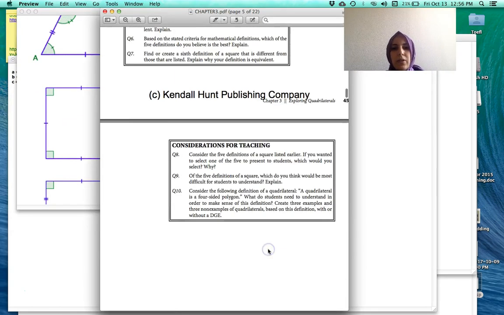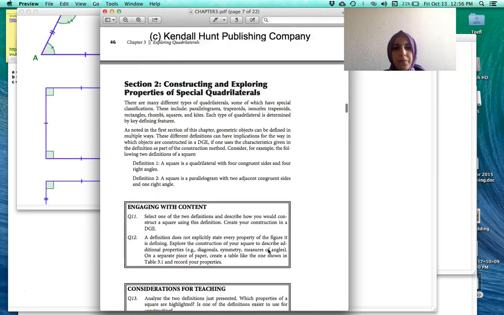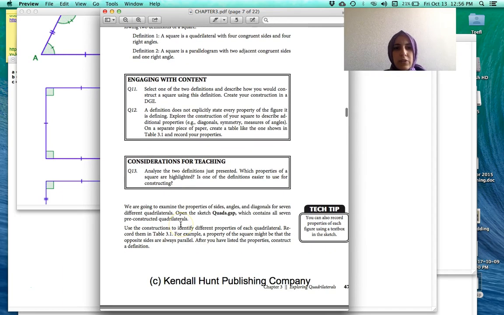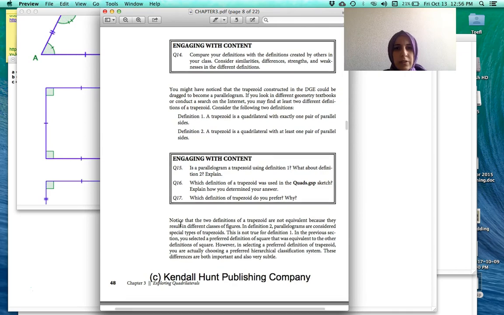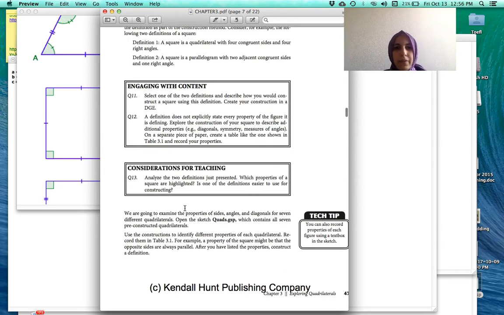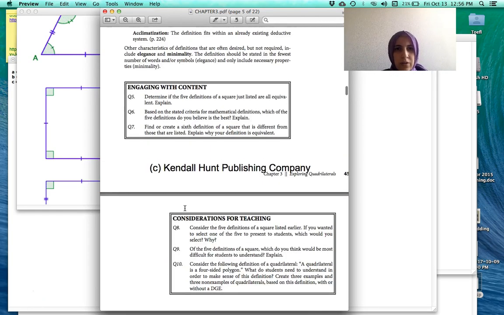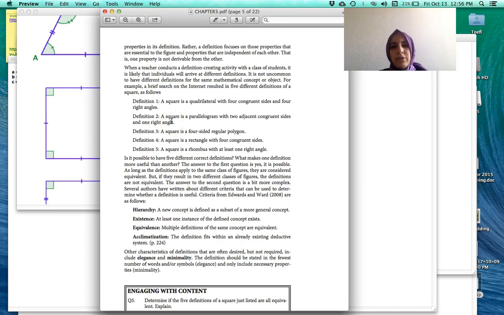Okay, the definition 1, 2, and definition 3, where is it? Anyway, definition 3. I found it. Definition 3: a square is a 4-sided regular polygon.